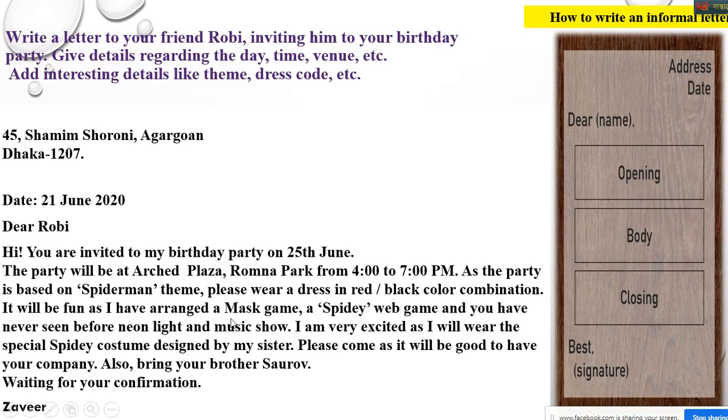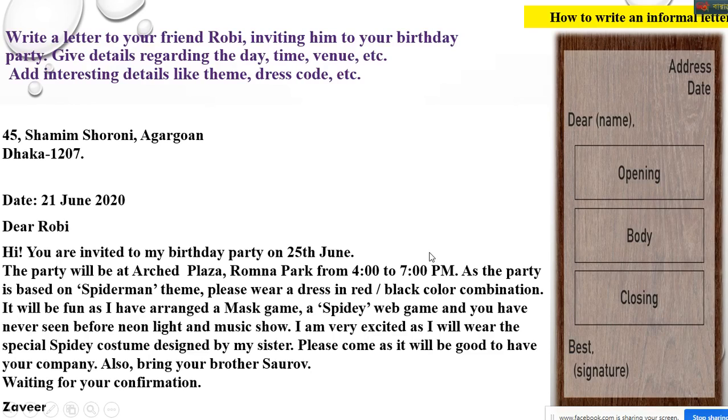I have arranged a mask game, a spidey web game, and a neon light and music show like you have never seen before. I'm very excited as I will wear the special Spidey costume designed by my sister. Please come as it will be good to have your company. Also bring your brother. Waiting for your confirmation, Jabir.